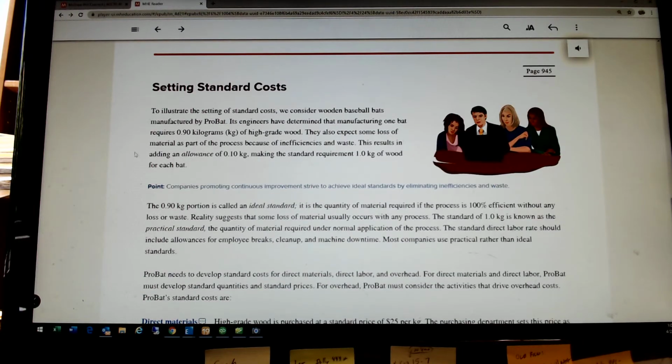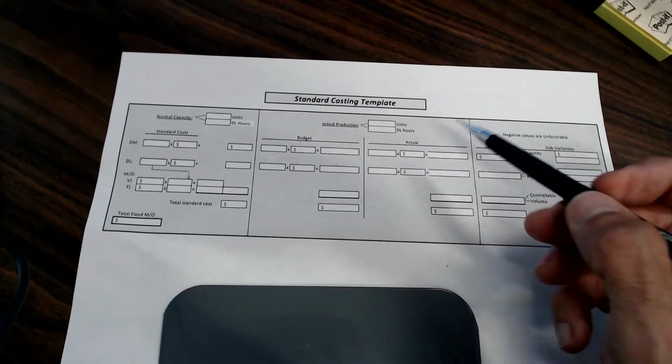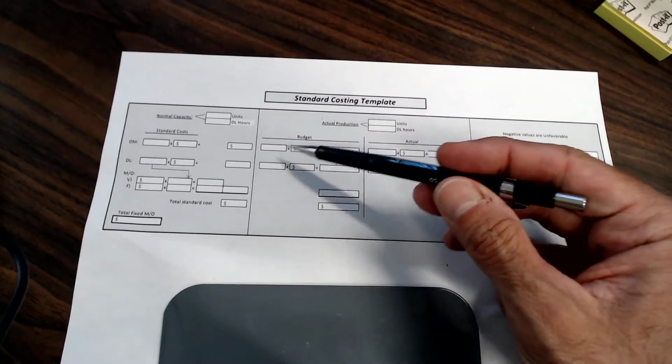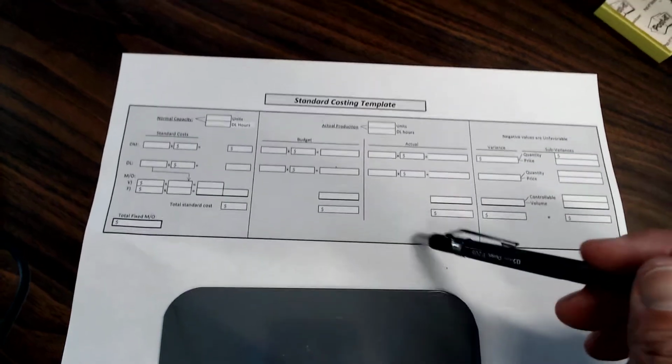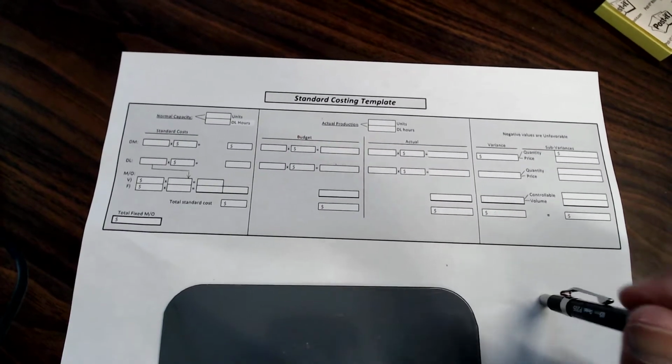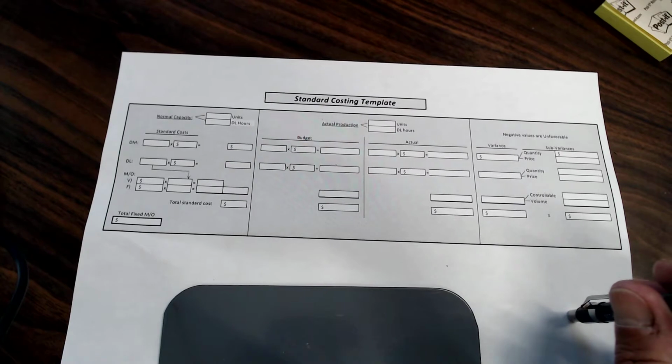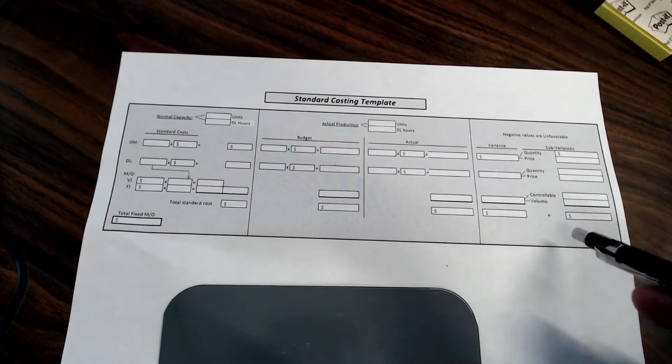So here's what I'm going to do. I actually developed this template for working with the standard costs and determining the various variances that we're going to discover here. Like every other chapter, the key to this is organizing the information, and I think that this organizes it pretty well, at least in our initial exploration through this area.